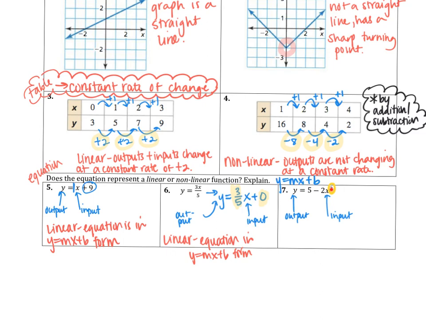So because I have an exponent connected to that input, I know that this is not linear. It is not of that y equals mx plus b form because of that exponent. It's actually an exponential, some type of exponential graph. So not linear, exponent on input is not that y equals mx plus b form we're looking for.